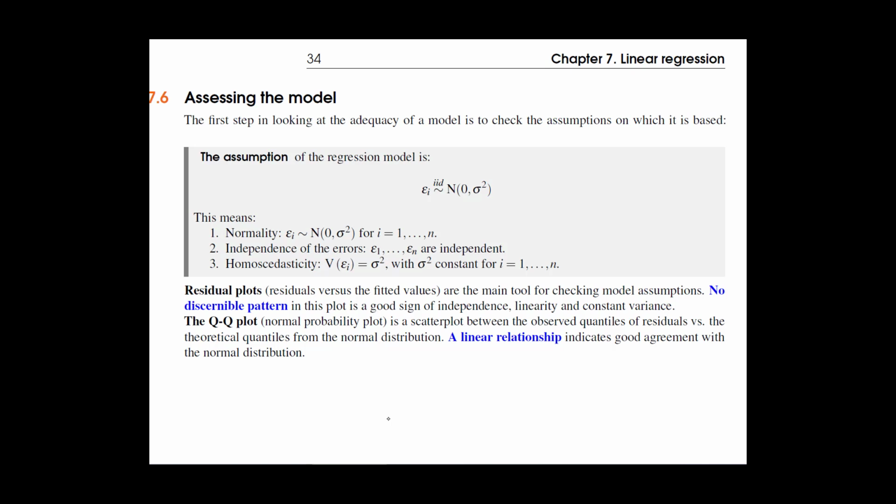Assessing the model. Here we're going to check the assumptions of the model. We estimated everything and we have our output. Now we need to see if it's a good model or not. Let's assume that we have good t statistics, all greater than 2 in absolute value, and that the R square is good, more than 0.5 hopefully.